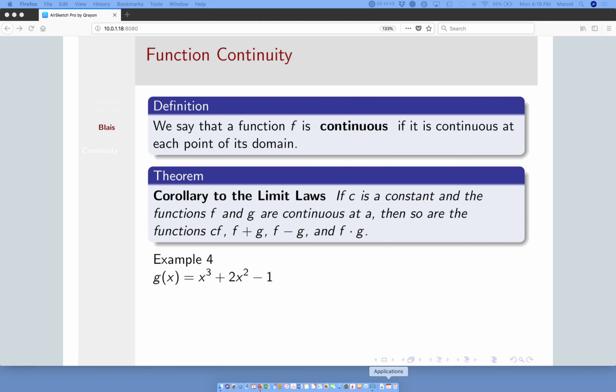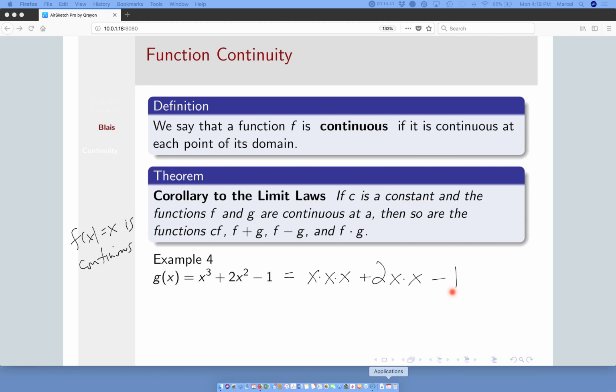So a classical example here, we can say f of x equals x is continuous. So that's just the 45-degree line, y equals x. But you can then take something like a polynomial and think of it as x times x times x plus 2x times x minus 1.